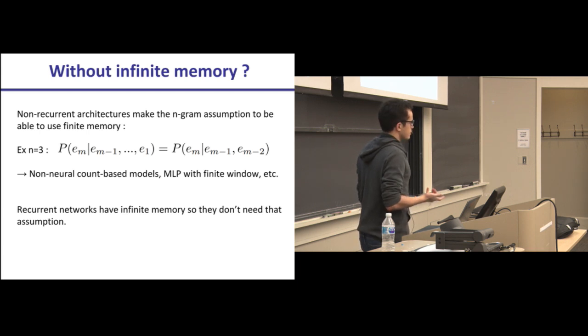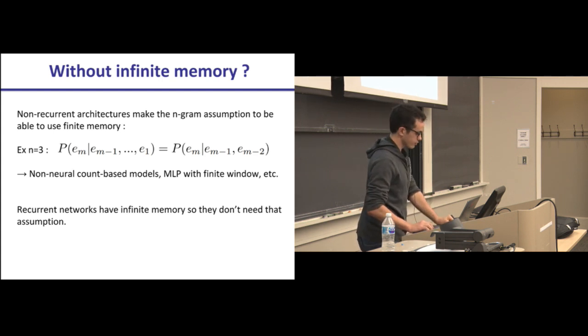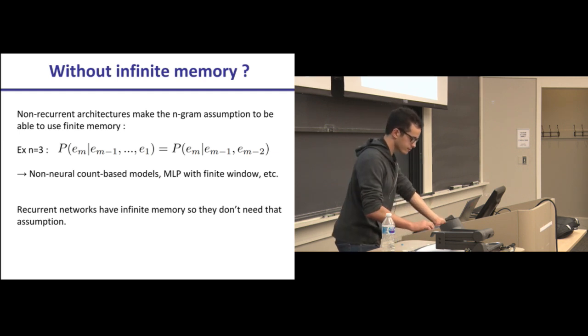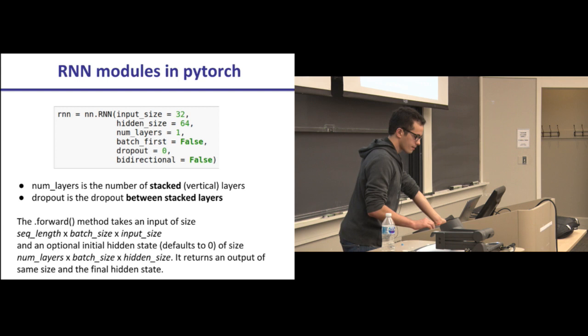So these are not probabilistic. Yeah, they are probabilistic models, actually. You could also do a multi-layer perceptron where you look at a finite window of the n-1 previous words and you predict the next word. But recurrent neural networks are, so to speak, better than that. Not always, but they help a lot.